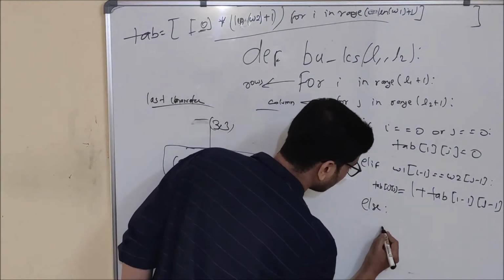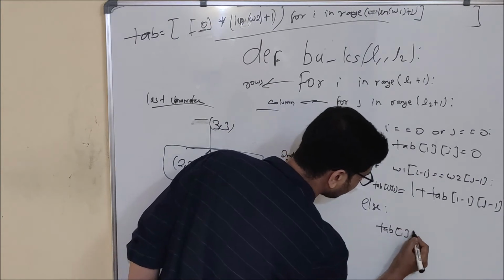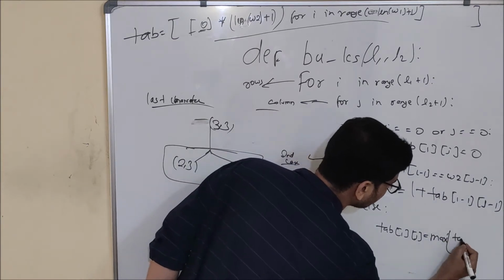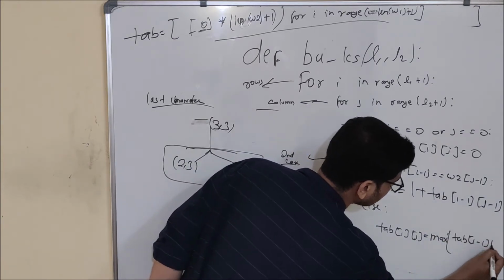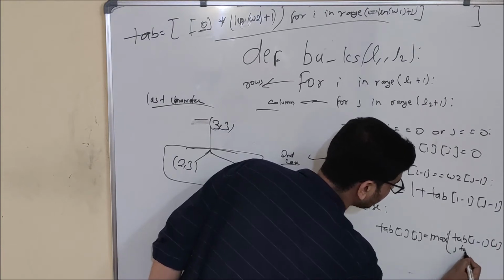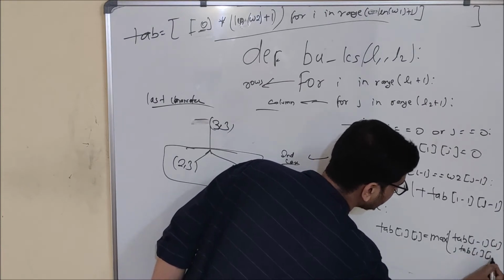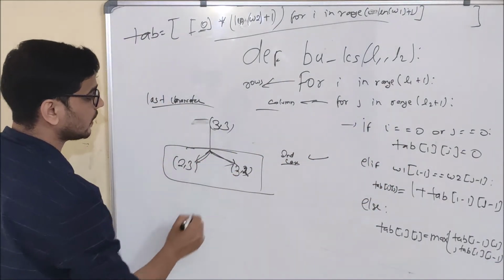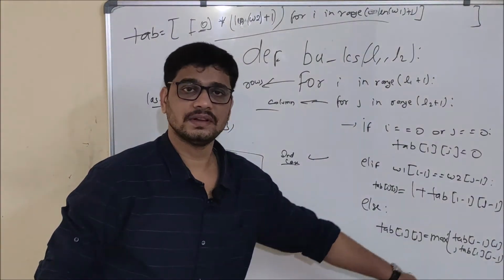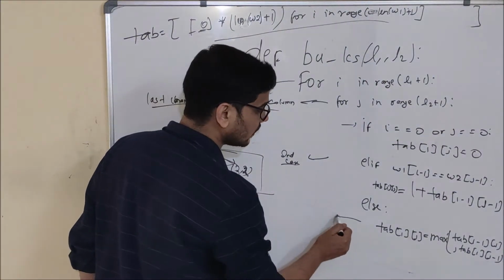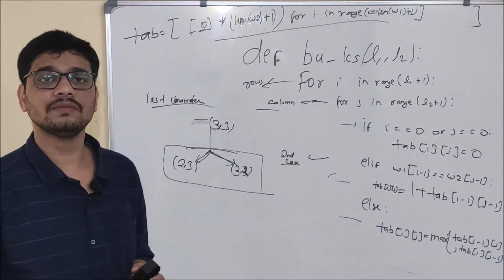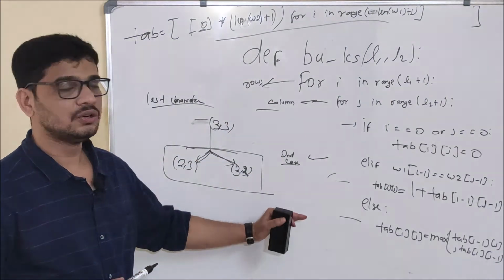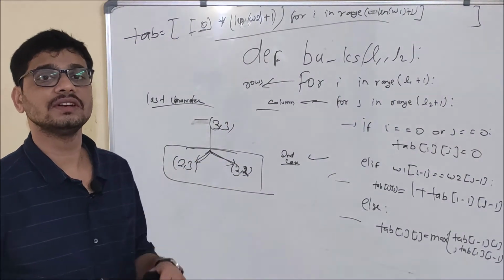Else, we update tab of i j with max of tab of i minus 1, j and tab of i, j minus 1. So you can see everything is coming from the recursive equation only. This is how easy it is to write the bottom up program if you know the recursive program in detail and understand it.